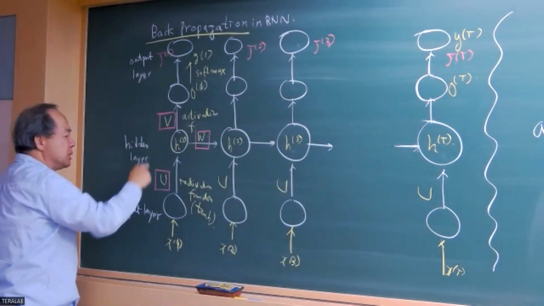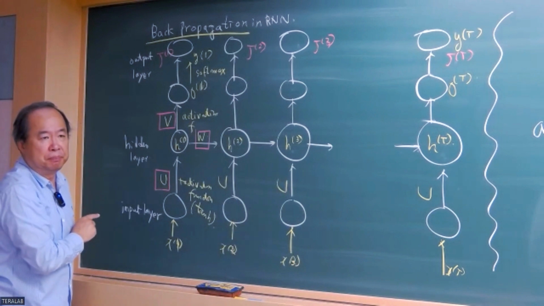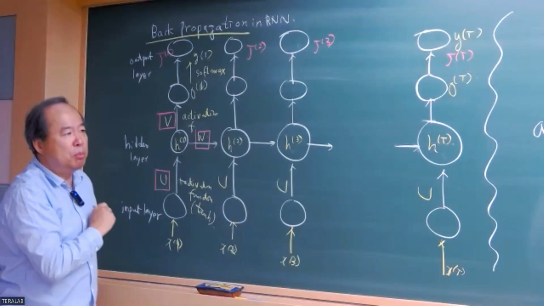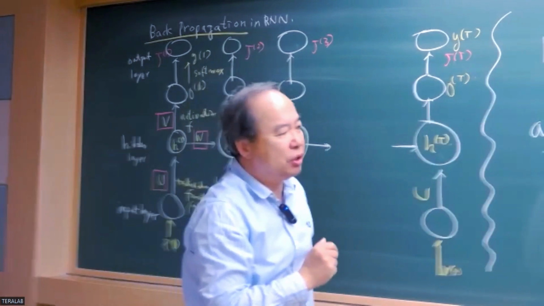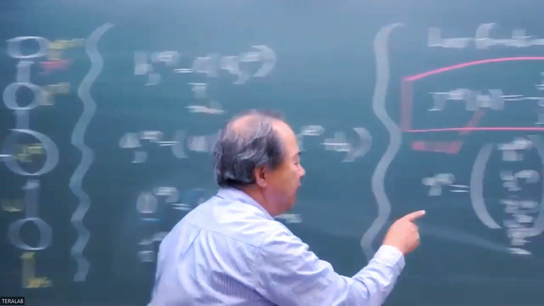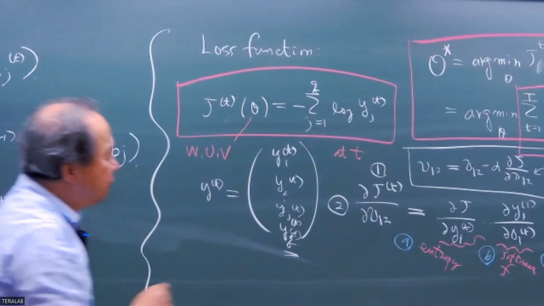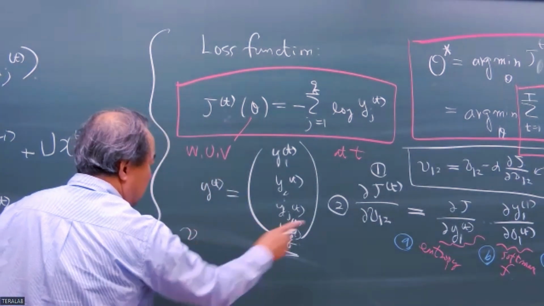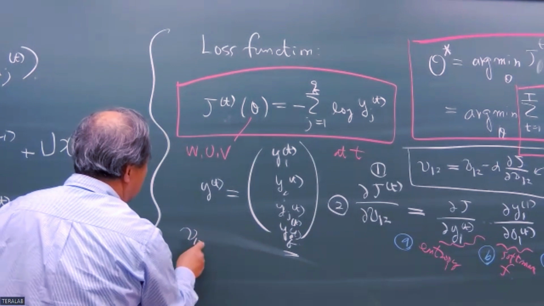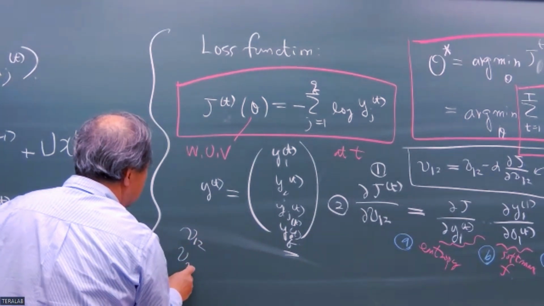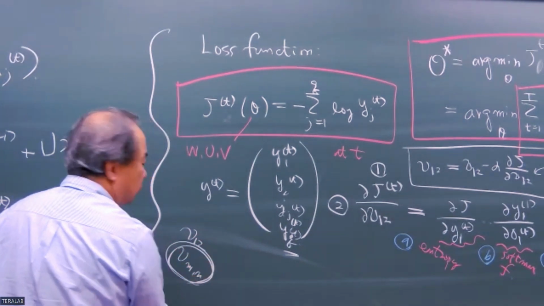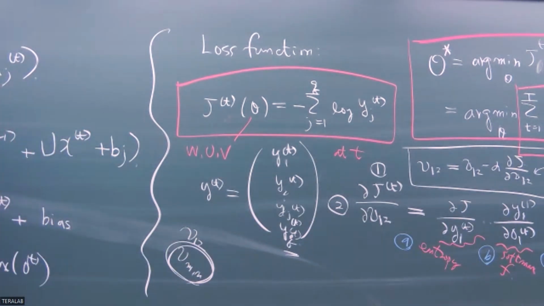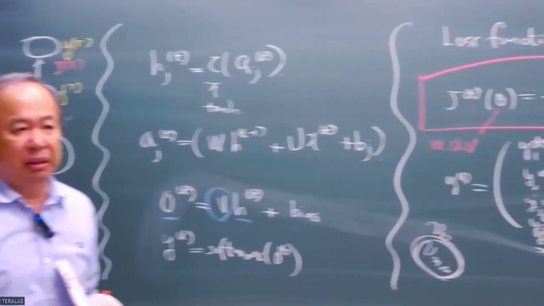It is a long step to update W. But for the simplicity of the lecture, I'm only using a very simple case. Right now I'm deriving the equation for V1,2, but we have millions of vectors, and that has to be done simultaneously.